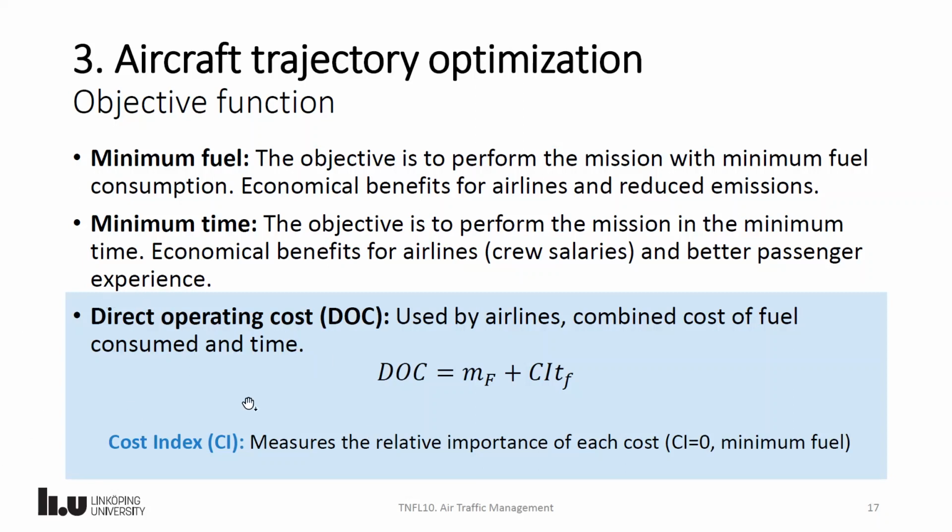So this direct operating cost is a very commonly used objective function in trajectory optimization. Airlines use it to optimize their trajectories, and if you see research regarding trajectory optimization, you're going to be seeing this direct operating cost a lot.